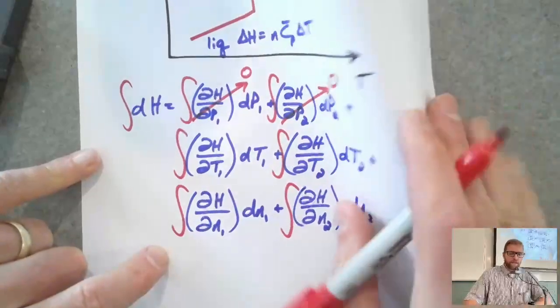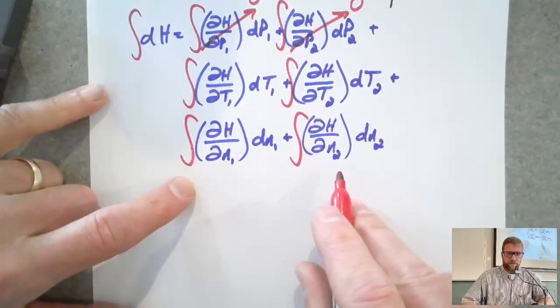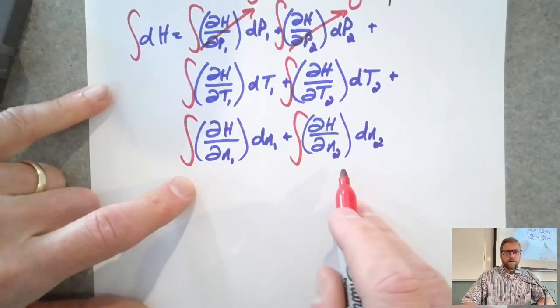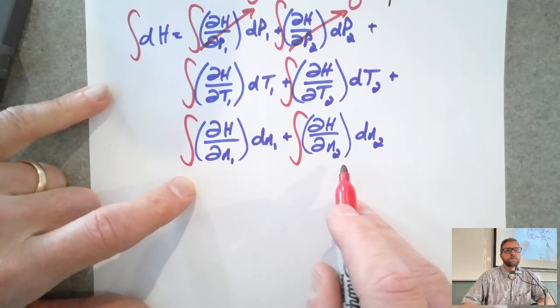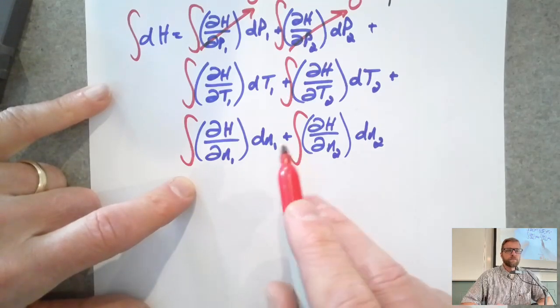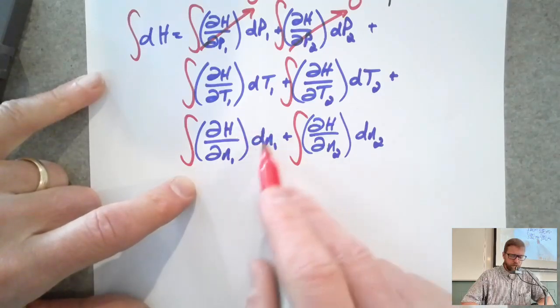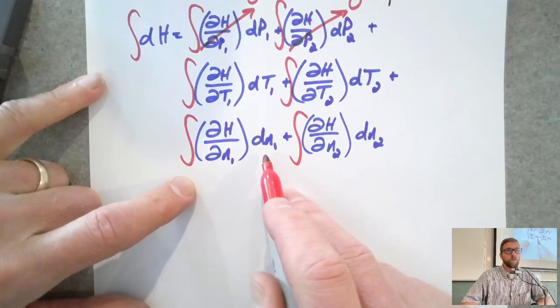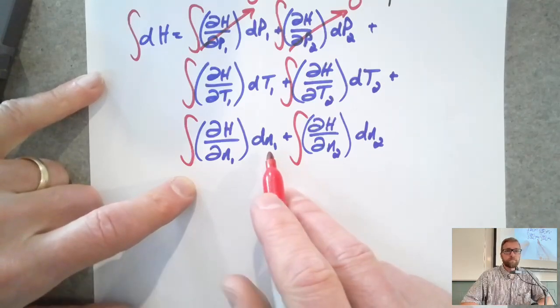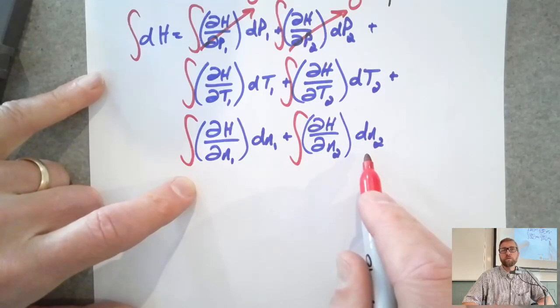Okay, and then what about these last two terms? What do these account for? It accounts for the moles. So this is saying how are the number of moles changing for number 1? How are the number of moles changing for number 2?